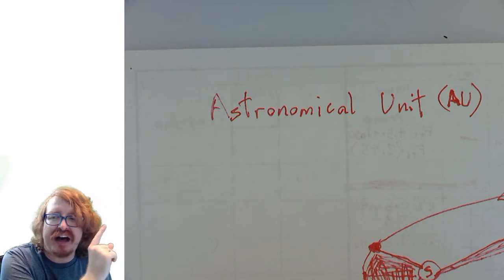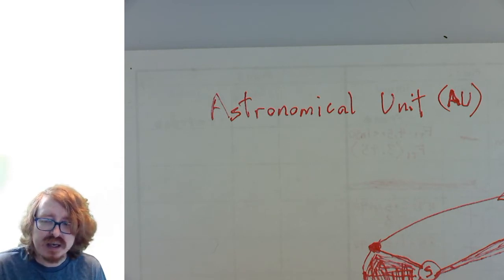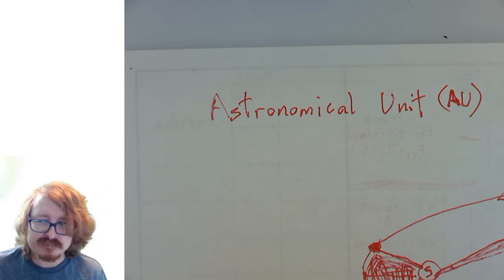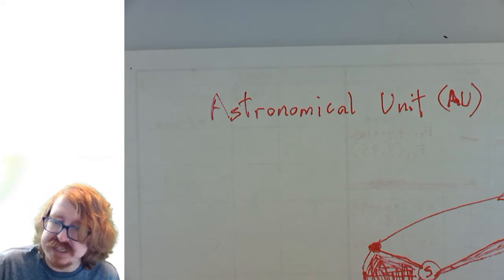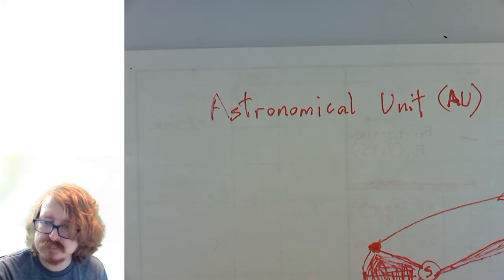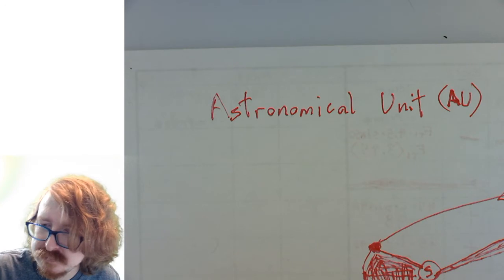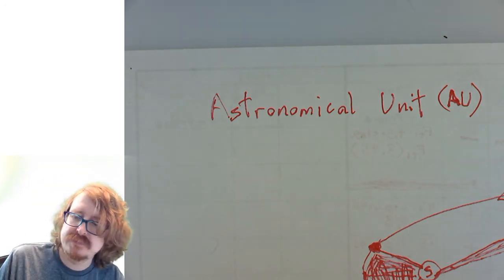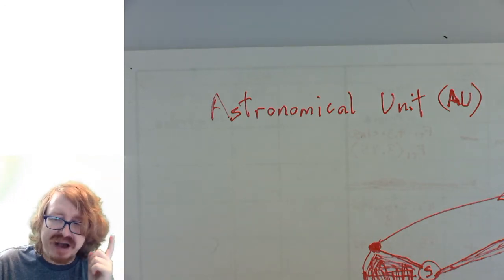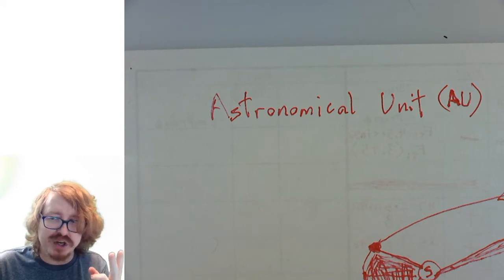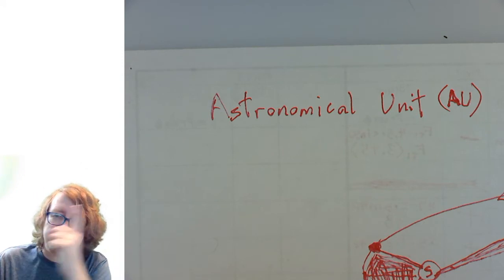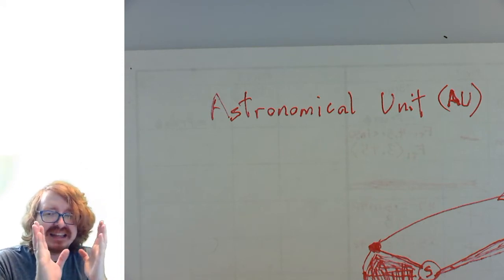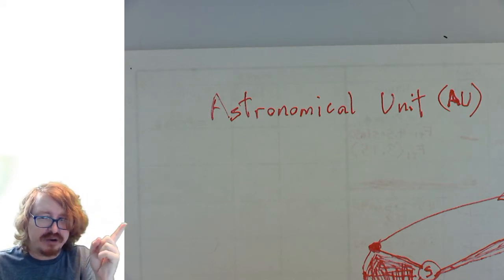Why's that word average got to be in there? Like we were talking about in law number 1 and law number 2, planets are sometimes closer and sometimes farther away. So we take the average to be the standard for the unit.